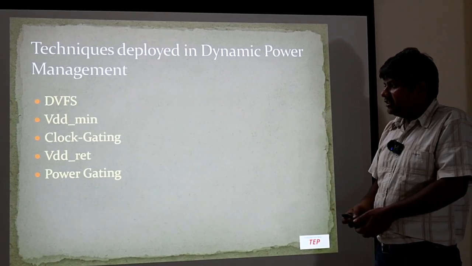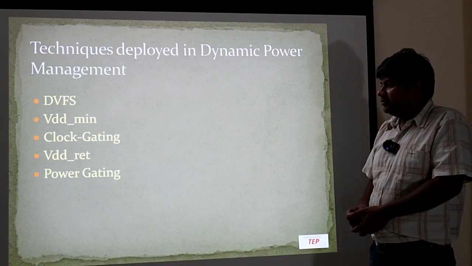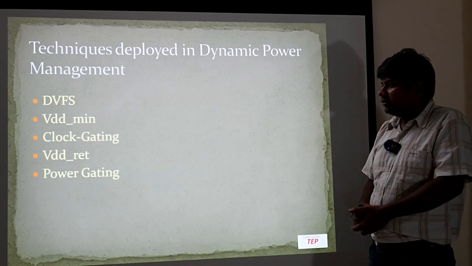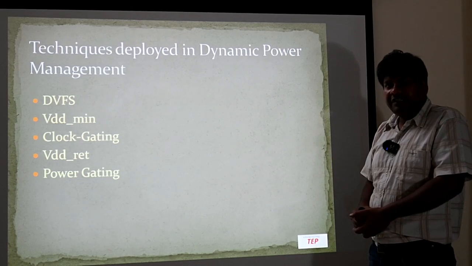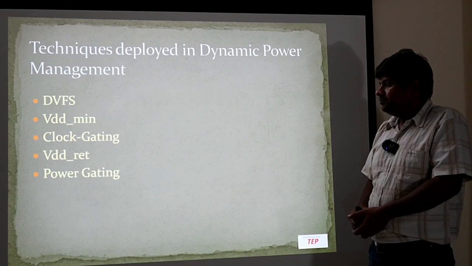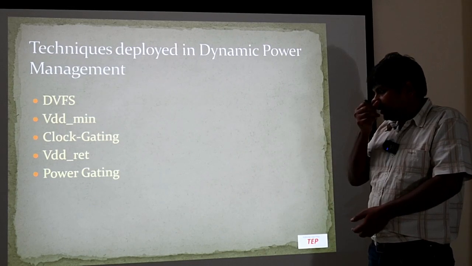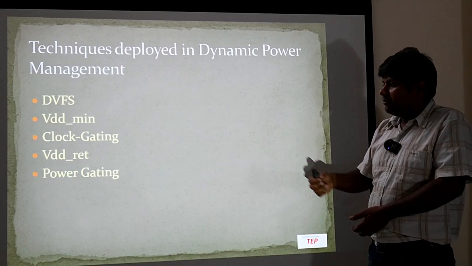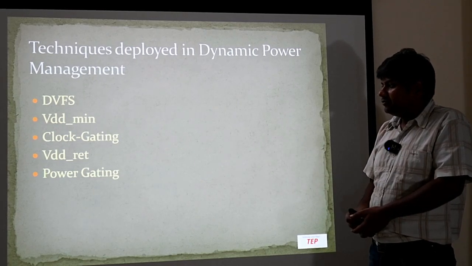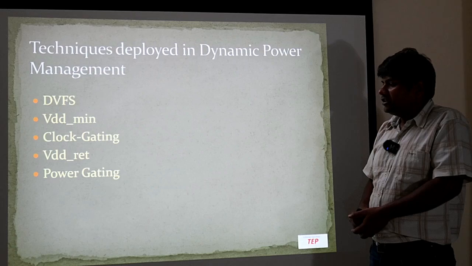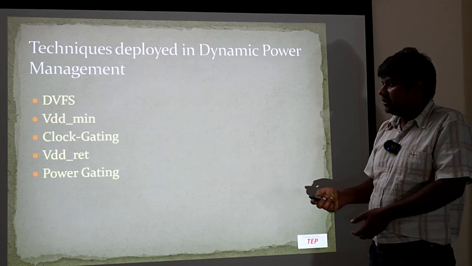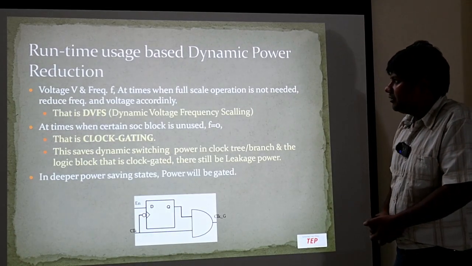Or there is VDD ret, the retention voltage, lowering the VDD to a retention voltage where we just want to retain the content and there is no activity happening. Okay, and the last level is power gating, where we use the power switches we saw earlier.